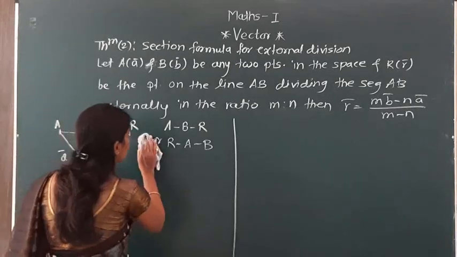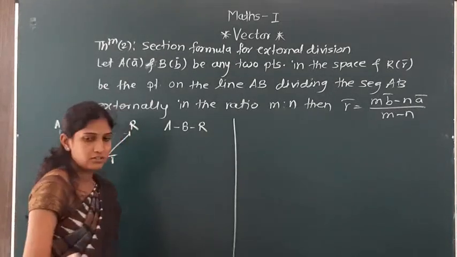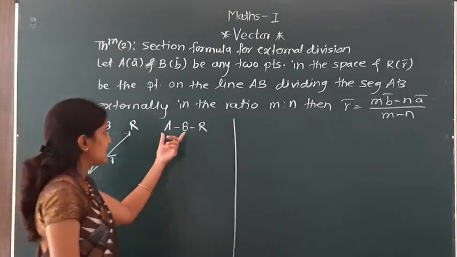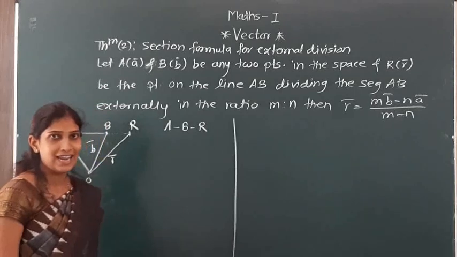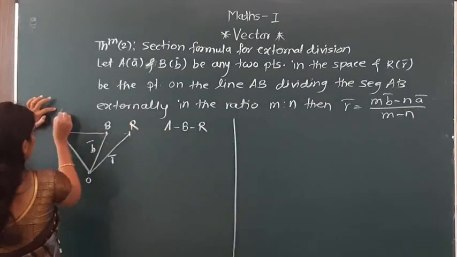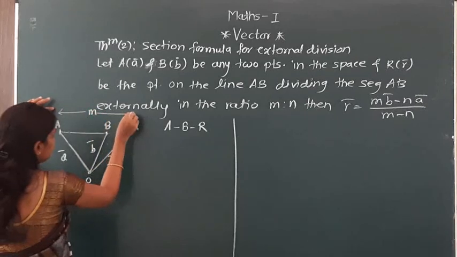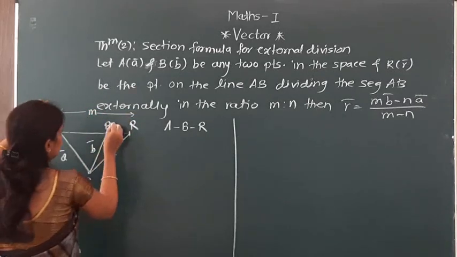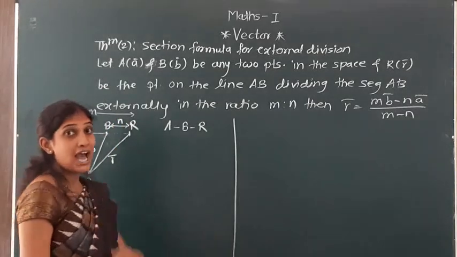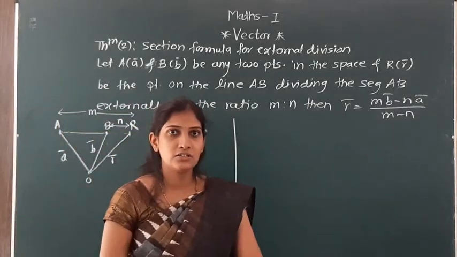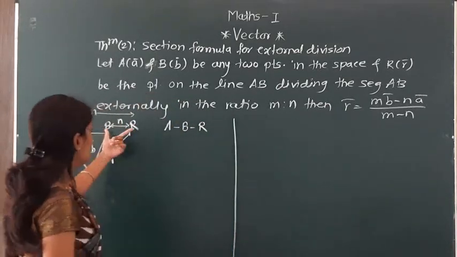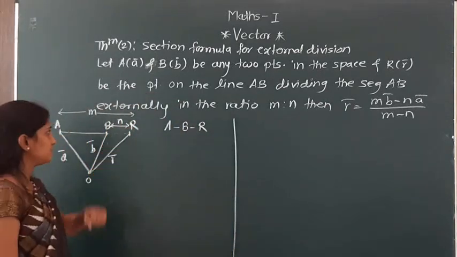So point R divides the line segment AB in the ratio m/n. So here the length of AR is m and BR is n, because R divides AB.